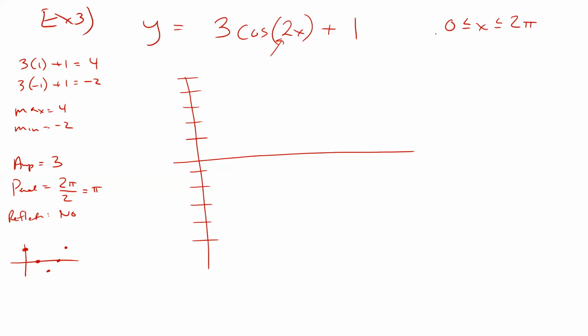Okay, but I do have a specific domain I need to be doing. So I need to go all the way out to 2 pi. So I do this now, that's pi over 2, that's 3 pi over 2 initially. But then my period is only pi. So what I have to do is break up this little piece right here into 4 sections. Half of pi over 2 is going to be a pi over 4.